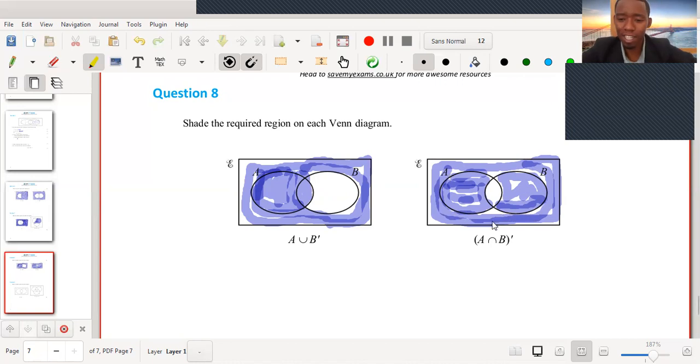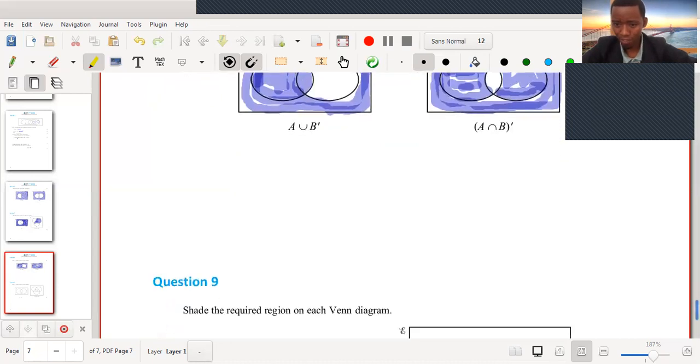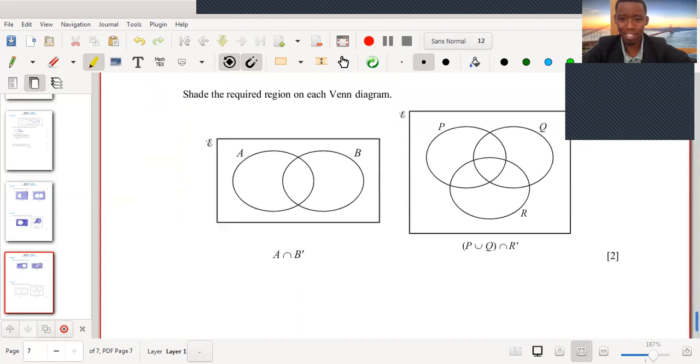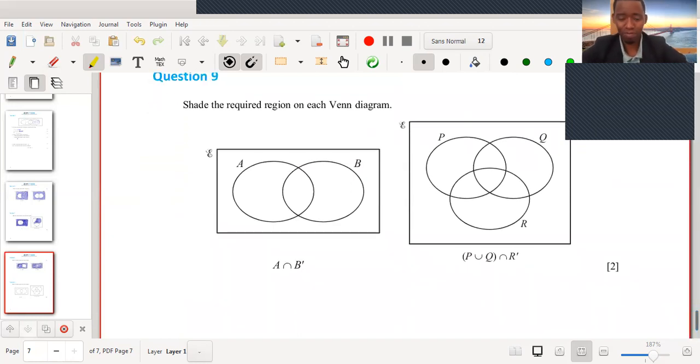You can go inside or you can go somewhere else, but don't touch the intersection. That's what it means. Let's do number 9, which is the last number, and then we discuss.